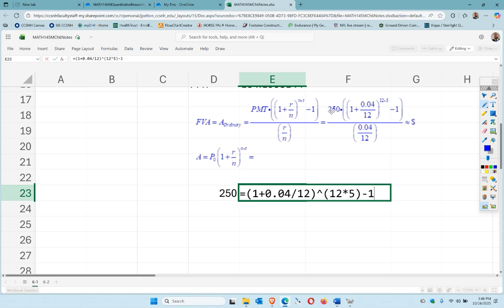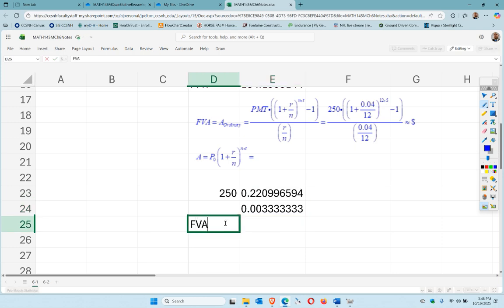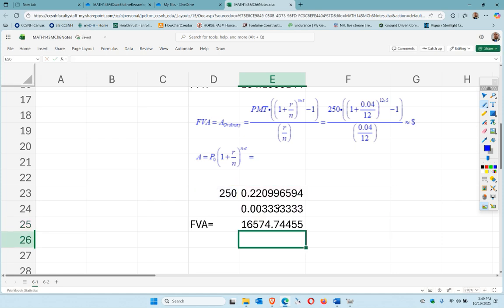So I have the 250, and then I have this part over in the other box. Just double check, I did divide by 12 that time, I didn't forget. And on the bottom, I have the 0.04 divided by 12. So that means my future value of the annuity equals the 250 times this part, divided by this, gives me my value there. So we'll round up to 75 cents, but that's good enough for now.